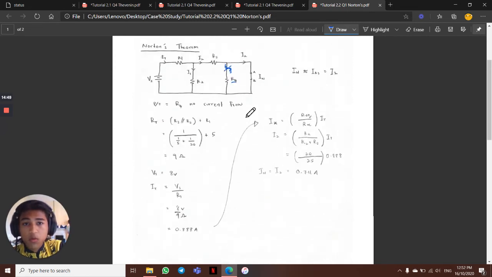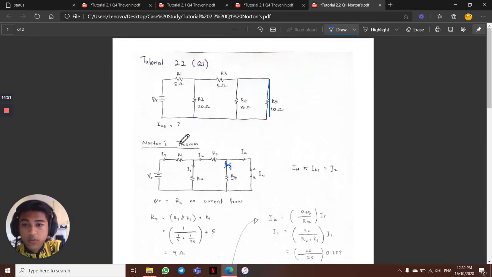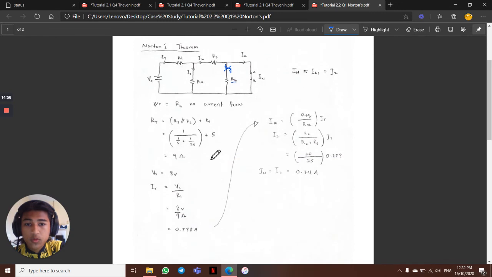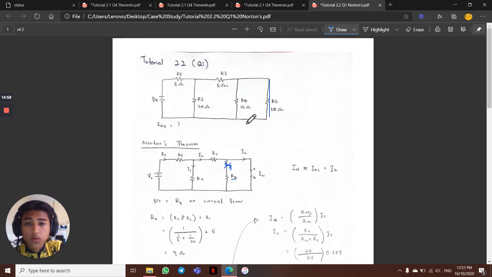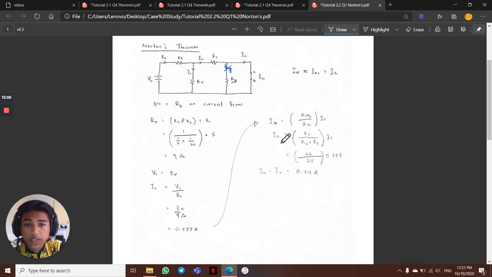So in order to find the current at R5, we will use the current divider, which is Ix equals Req divided by Rx times IT.